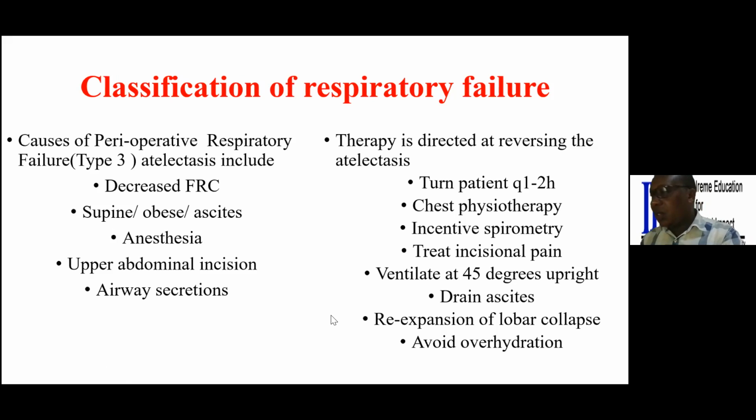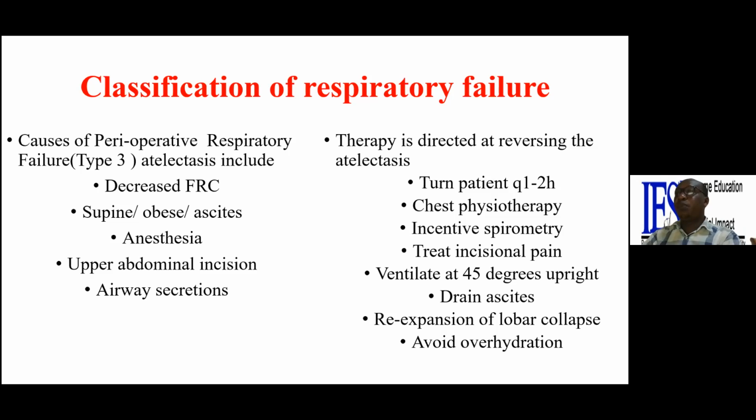You know this functional residual capacity is the volume of the remaining air in your lungs after you complete your normal passive exhalation. And you know the normal value is 3 liters at the end of exhalation. So this one will decrease, especially in perioperative condition.